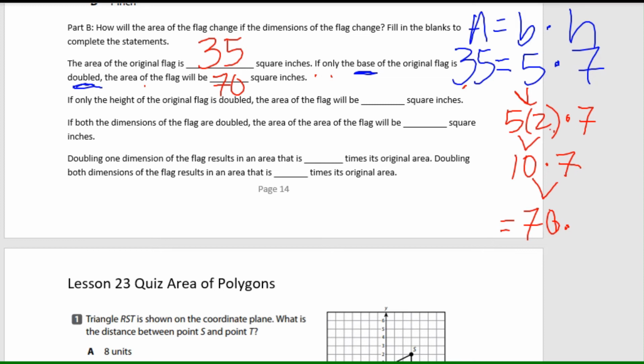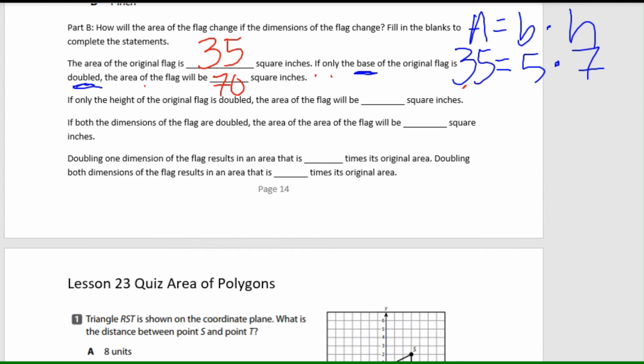If only the height of the original flag is doubled, the area of the flag will be blank square units. So now we're gonna erase this. We started with the original area equals base times height. We have our dimensions, so now we want to double the height.